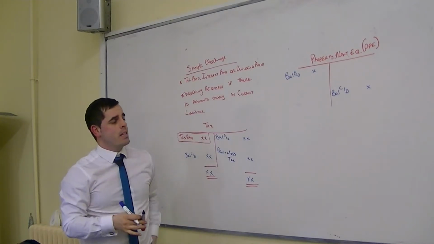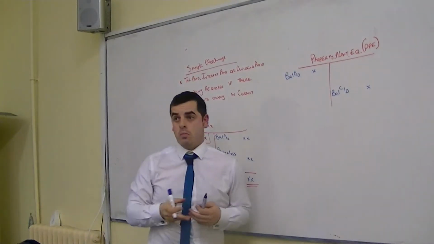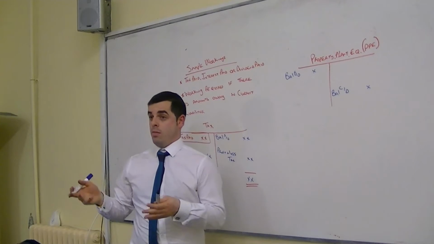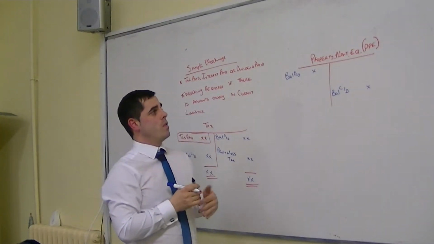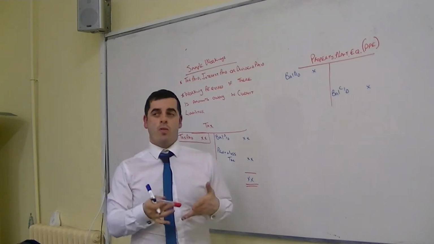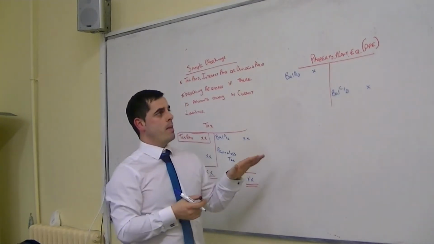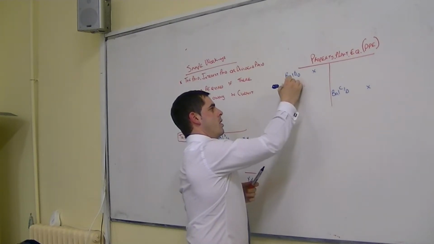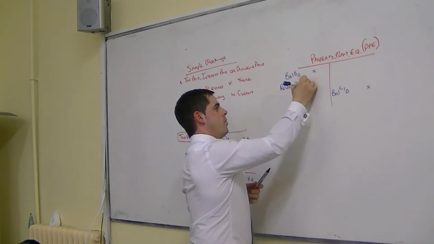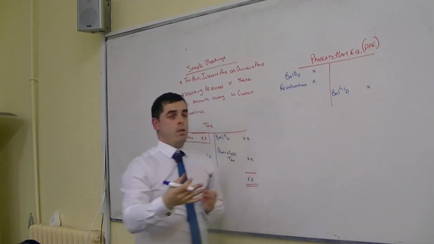So what I mean by that is, we might have a revaluation. Now the revaluation could be up or down, depending. Nine times out of ten it's usually up. So if revaluation is going upwards, that would increase your asset, wouldn't it? So what side would that be on? Debit. Yeah. So revaluation would be inside here, if there was one.